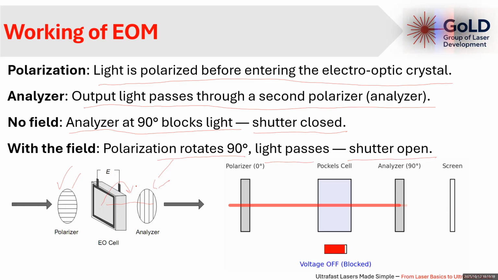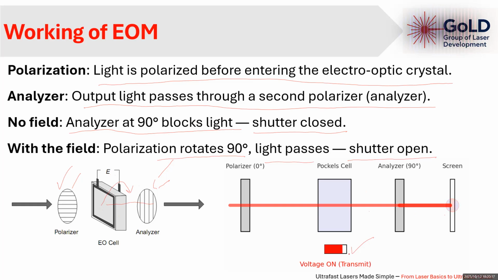Now see the animation on the right side. Probably it's difficult to understand, but this can help you. Look at the red switch here. When the voltage is on, the light passes through here.